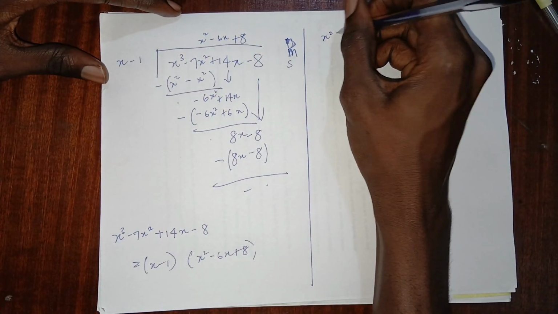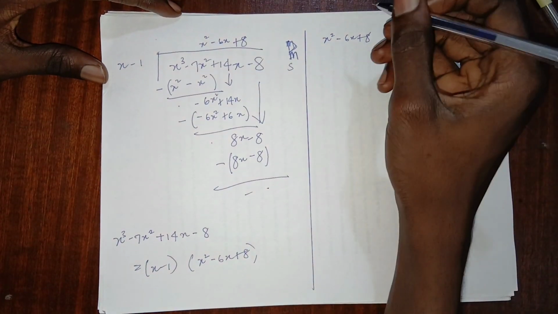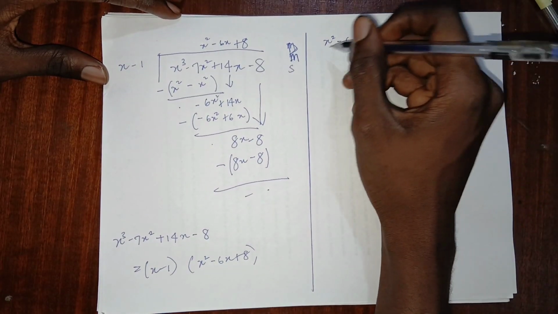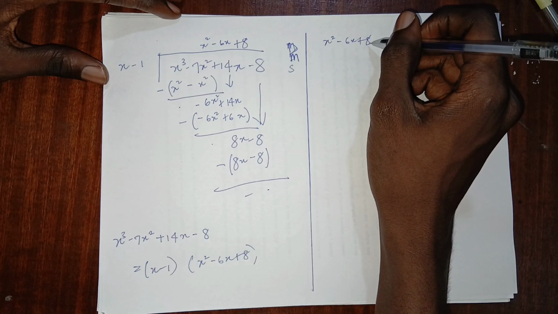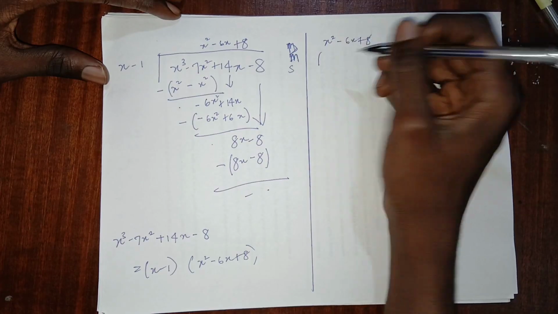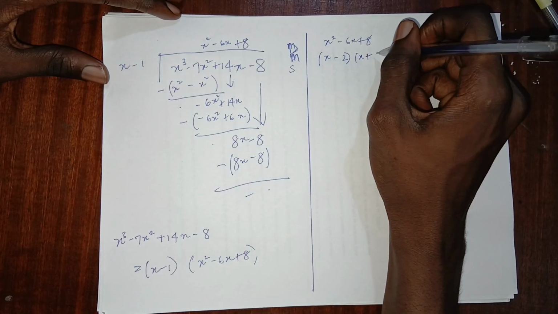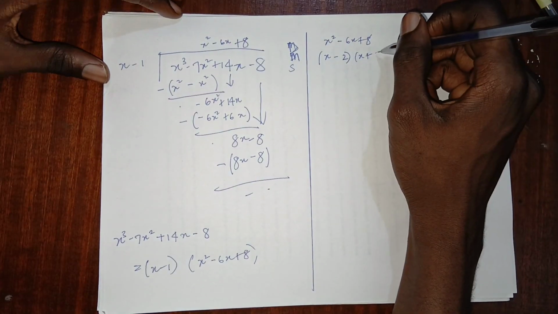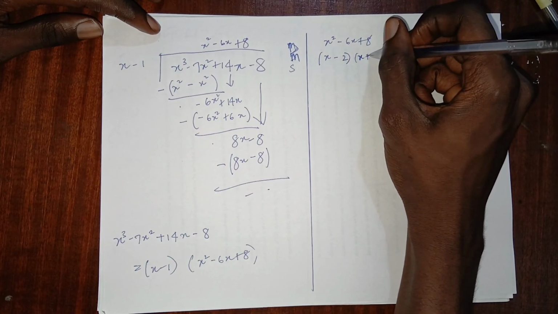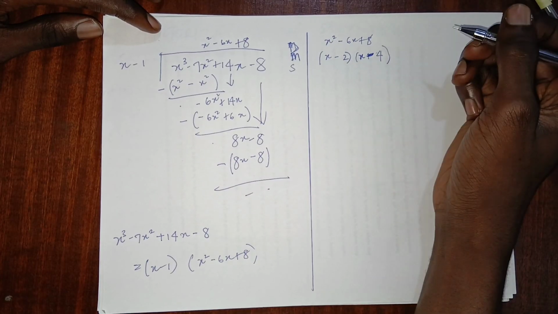That will give us x squared, and so on, plus 8. What are the two numbers? I explained this in my previous video. You check the two values that multiply together and give this. That will be x minus 2 and x minus 4.